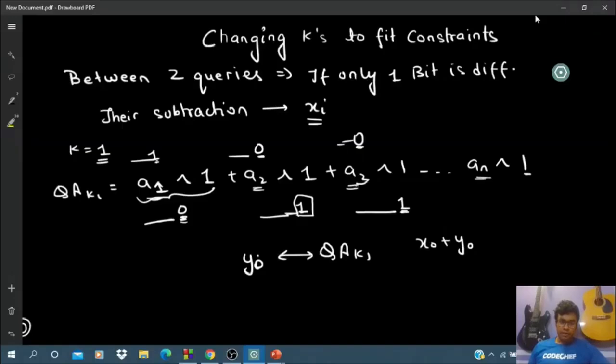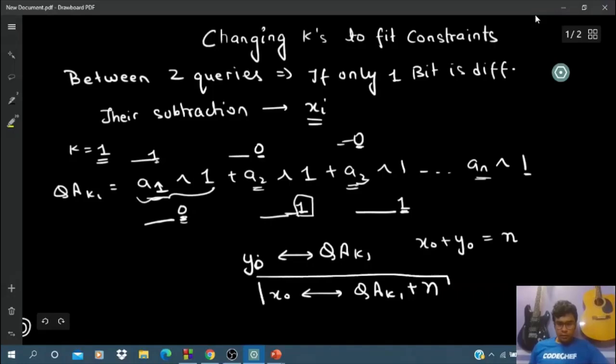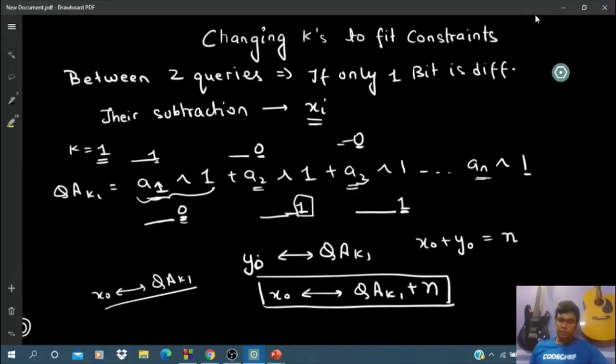The second relation that we know is x0 plus y0 is equal to n, and hence x0 is correlated with QA k1 plus n. So this is the difference. In the previous case, we wrote that x0 is directly correlated with QA k1, but this is not the case. In this case, x0 is directly correlated with QA k1 plus n.